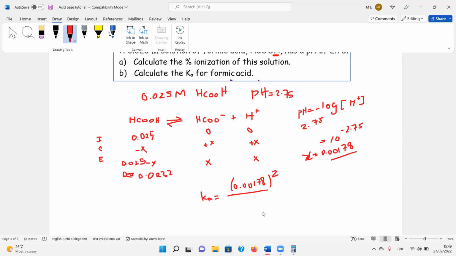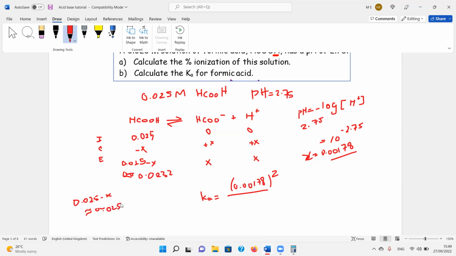Now normally when we solve these problems, we say that this amount here, 0.025 minus X, approximately equals 0.025. Fine.